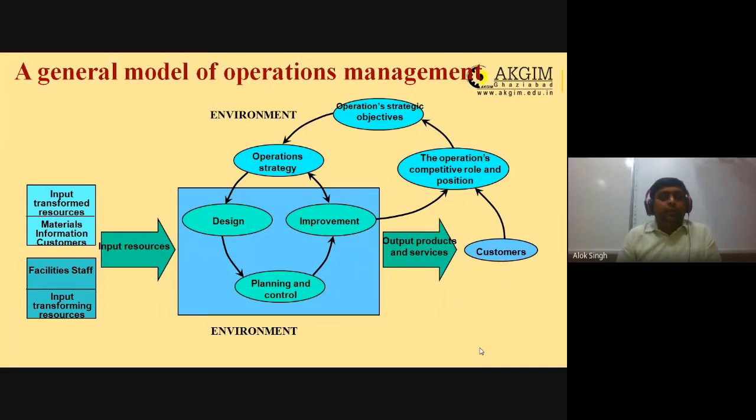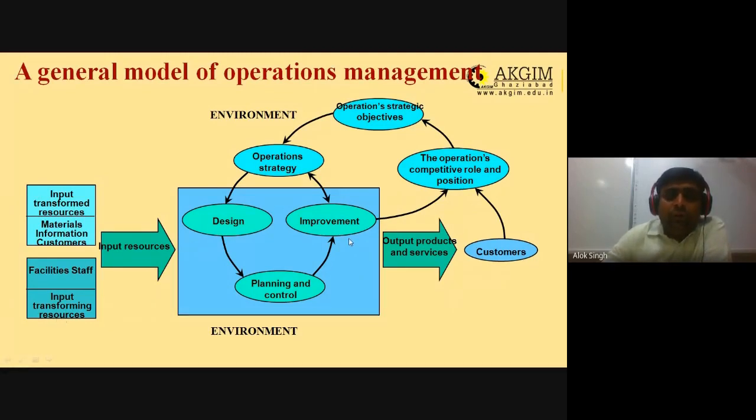Because you deploy these resources during production. What number of labor and what number of machinery you want to deploy, you decide during production based on your capacity and your demand, the demand of the product from the customer side. We have discussed the input resources: transformed resources and transforming resources.